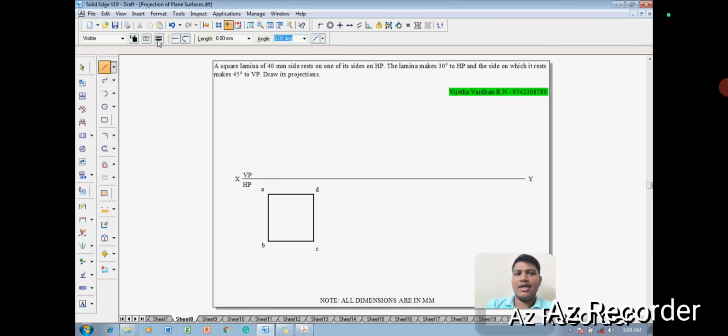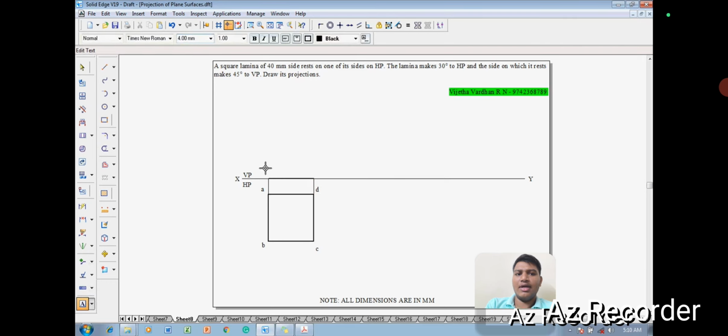Next I will take a line of 0.13 mm and attach every corner to the XY line. So we can see here the AB line and BC line join together. Next I will darken the lines A and D on the XY line.